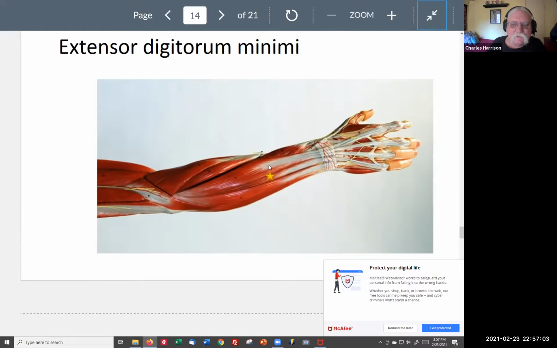The one up above it is going to be the extensor digitorum, sometimes called the extensor digitorum communis, because see how it goes to all the digits except the little finger.